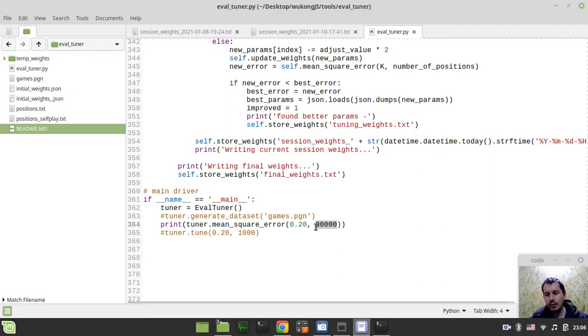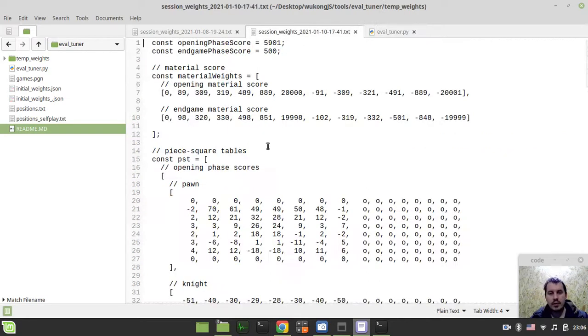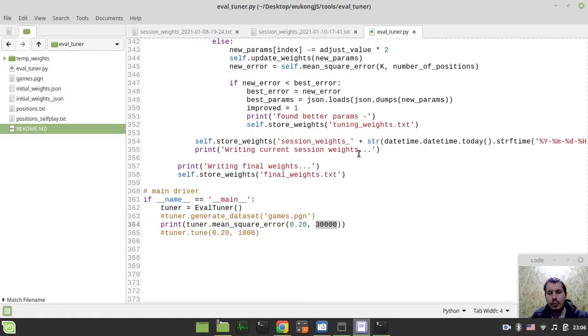I was going to sleep, leaving my computer calculating this stuff, and then in the morning I woke up and got only values that had been changed by 2 at the very most, and the biggest difference was about 4, plus 2 and minus 2, so the delta was no more than 4 in these session weights here.